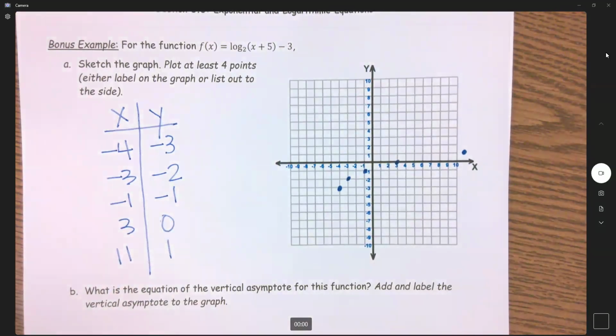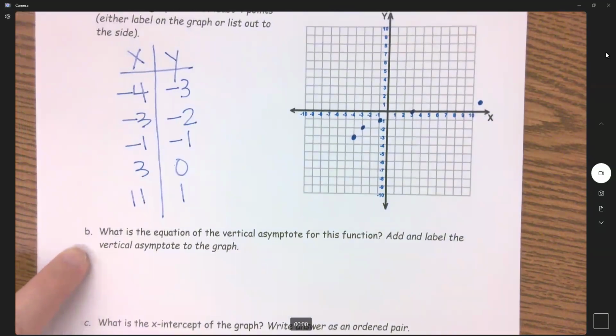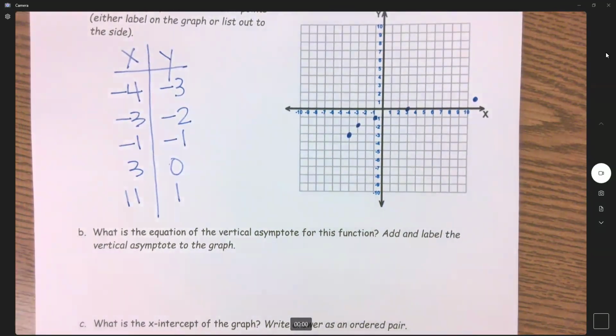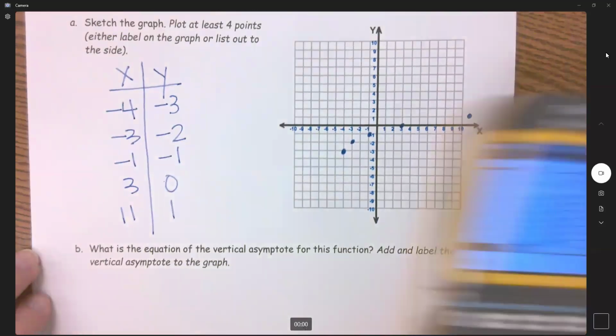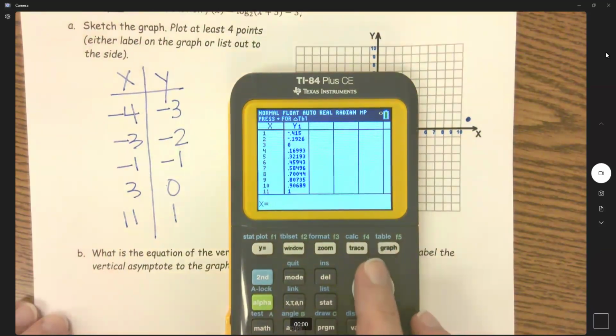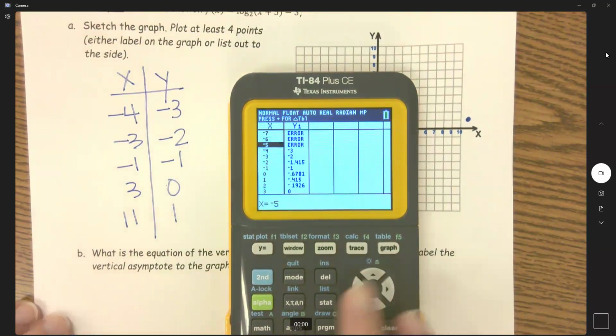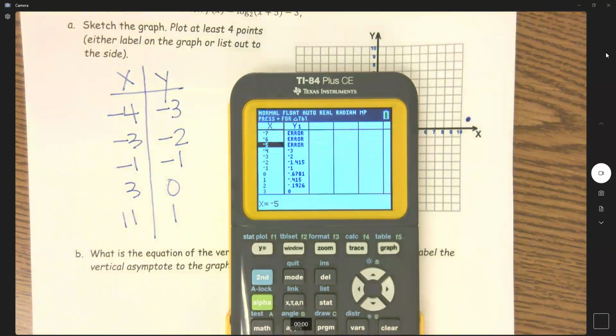Now, honestly, before I connect these, I want to go down here and talk about part B. It says, what is the equation of the vertical asymptote of this function? Add and label the vertical asymptote to your graph. We talked about this last lesson, but wherever you get that first error from is where your vertical asymptote is.